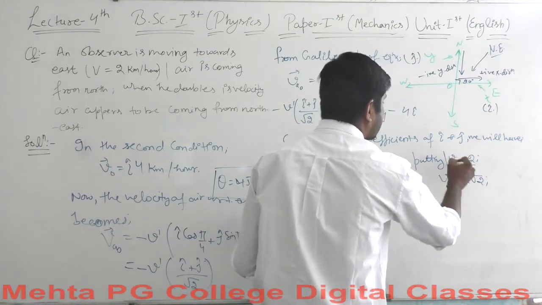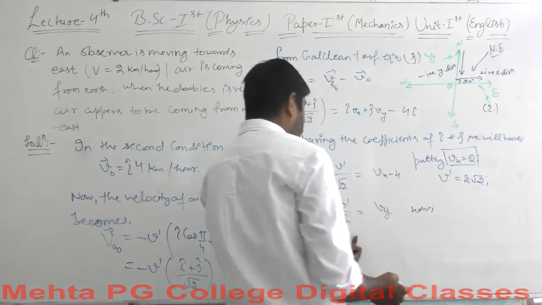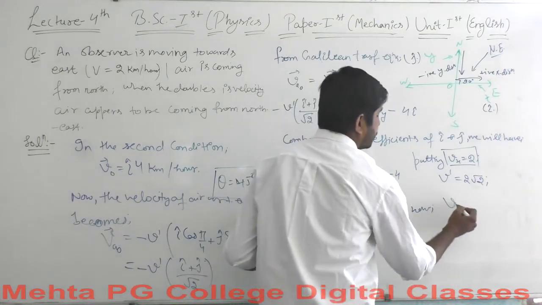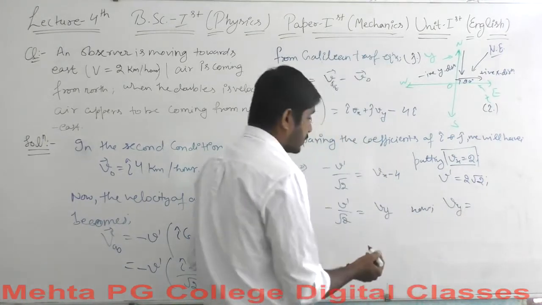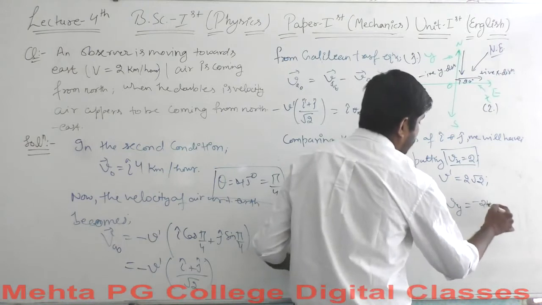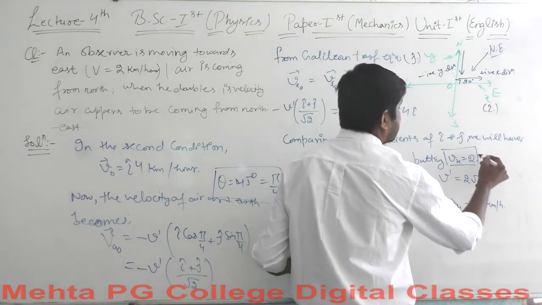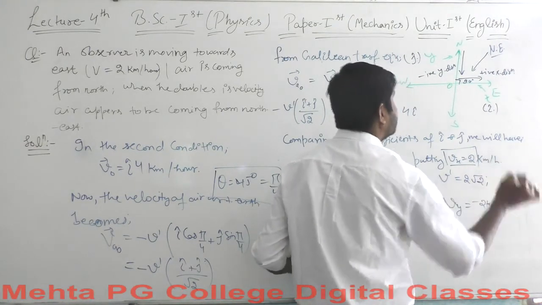This is the value of Vx we have assumed. So what should be the value of Vy? Vy will be equal to minus 2 kilometer per hour.